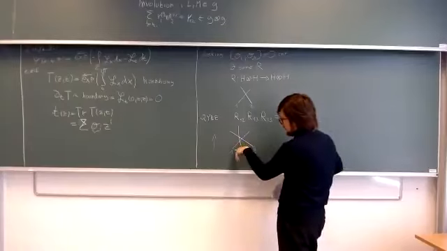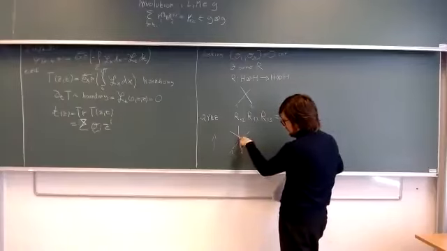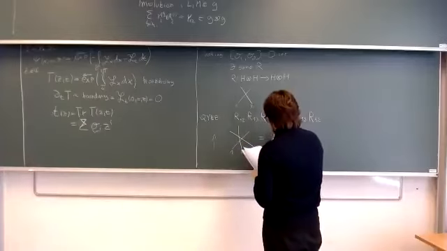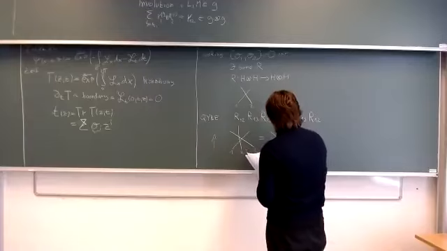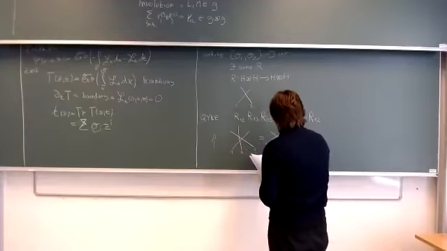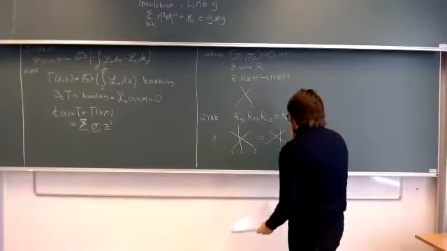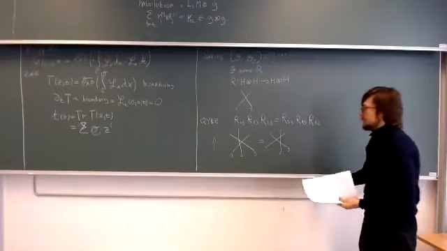And here you see the R12 first, then you have R13, and then you have R23, and it should be equal to R23 times R13 times R12.